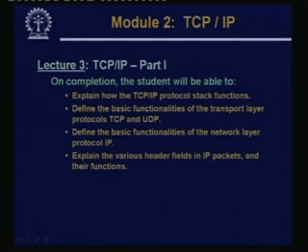We started with the transport layer protocol basic functionalities, the basic functionalities of TCP and UDP, then the basic functionalities of the network layer protocol IP, and we looked into some detail about the IP packets. In particular, we looked at the different header fields in IP packets and why they are used, what the different functions are.